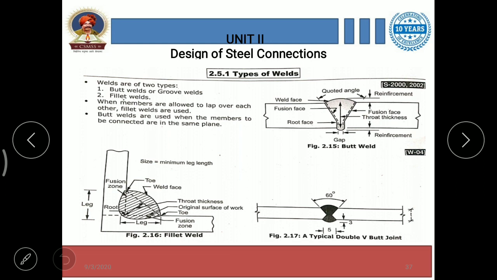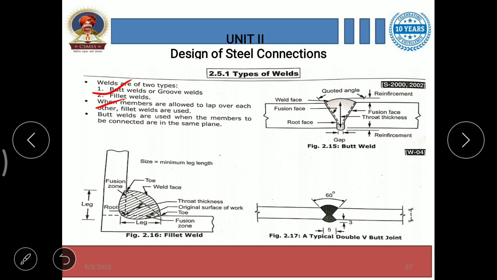Okay, then the important part about the welded connection is here. Types of welds. Welds are generally of two types: butt welds and fillet welds. When the members are allowed to lap over each other, fillet welds are used.